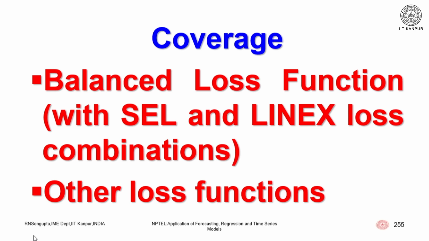We will consider the balance loss function, which we did discuss very briefly, and when we consider the balance loss function, we will consider that balance loss being made up of two other important loss functions. One being the ordinary least square, which we have discussed, for which we have found the best estimate for beta, and from which we have found y hat. We will also consider the other loss function along with squared error loss, being the LINEX loss function.